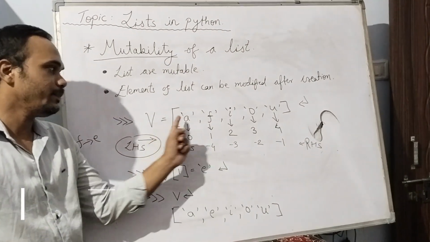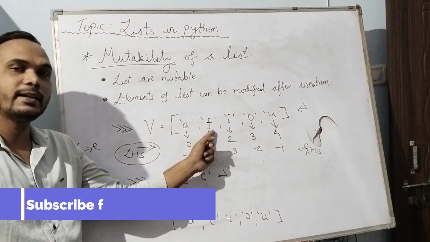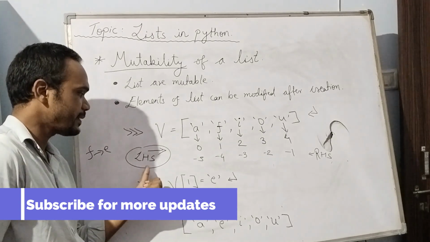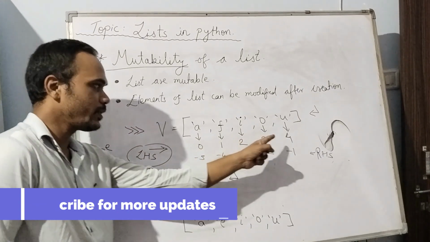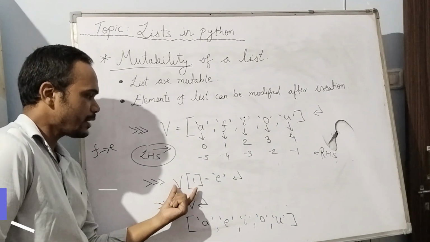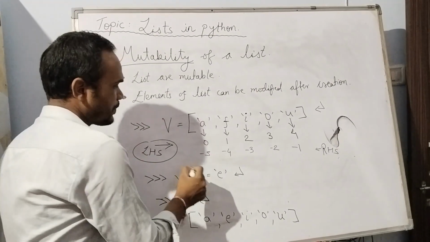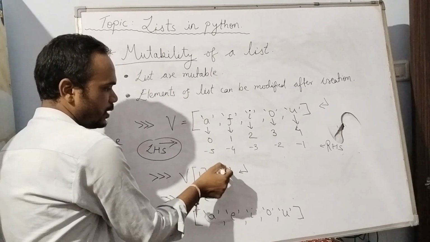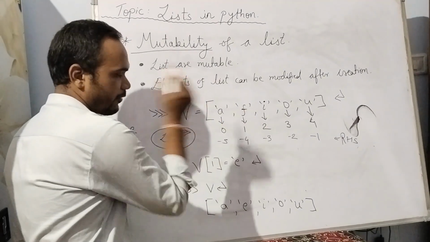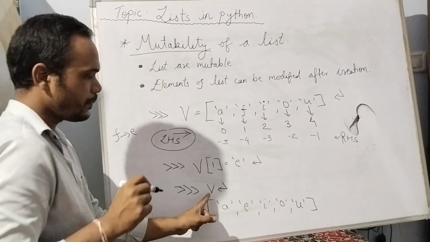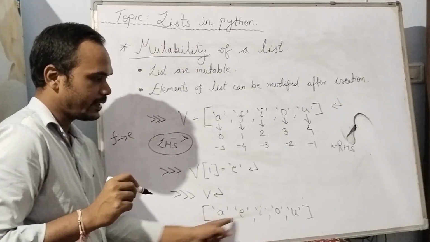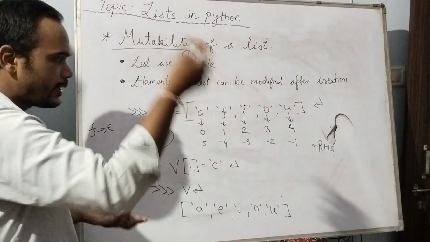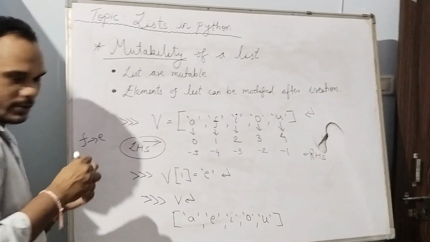So what we have done is actually updated this value, by using the left index values 0, 1, 2, 3 and 4. We are actually using 1. This 1 is representing the F here. So the F is now replaced by E. When you reprint it, you will see that the list is now updated to A, E, I, O, U.